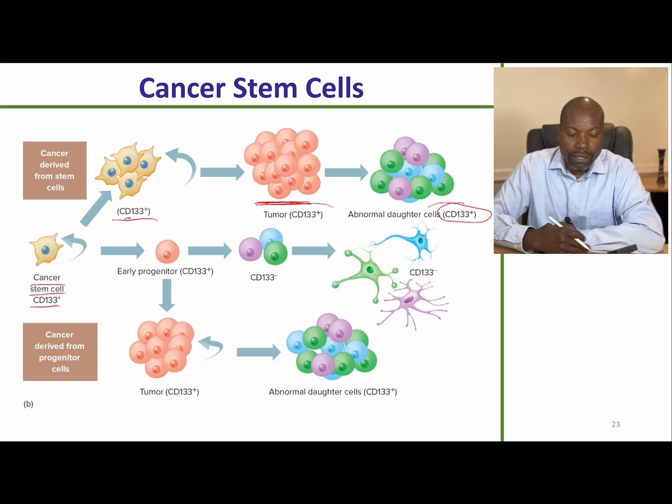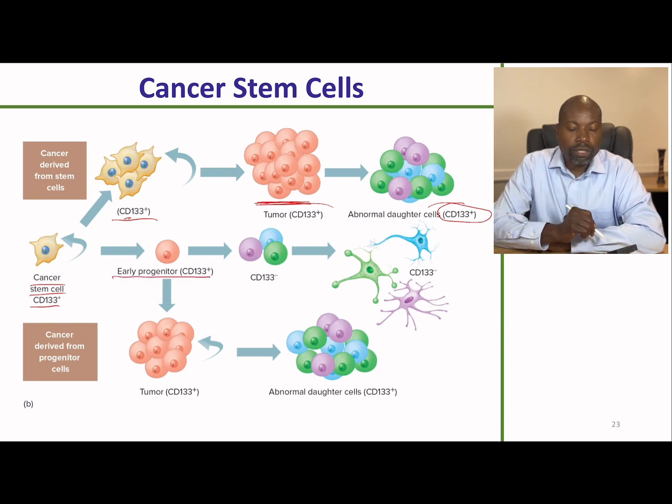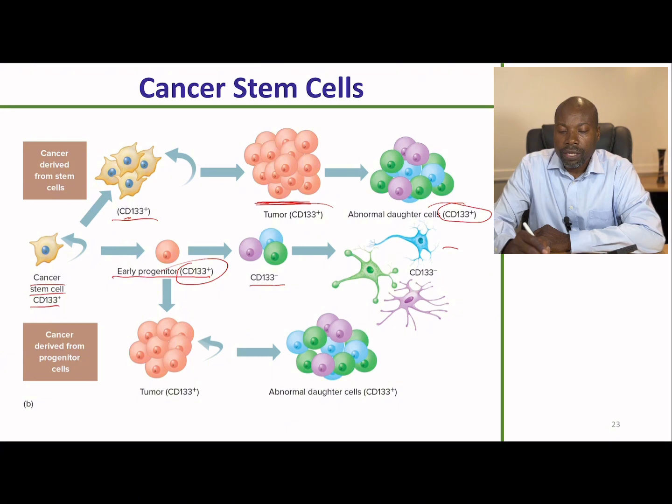Then we have the early progenitor cells. Normal, they have CD133 plus, right? These early progenitor cells, they lose CD133, which is going to now cause the cells to mature into different cells, so neurons, astrocytes, and oligodendrocytes.